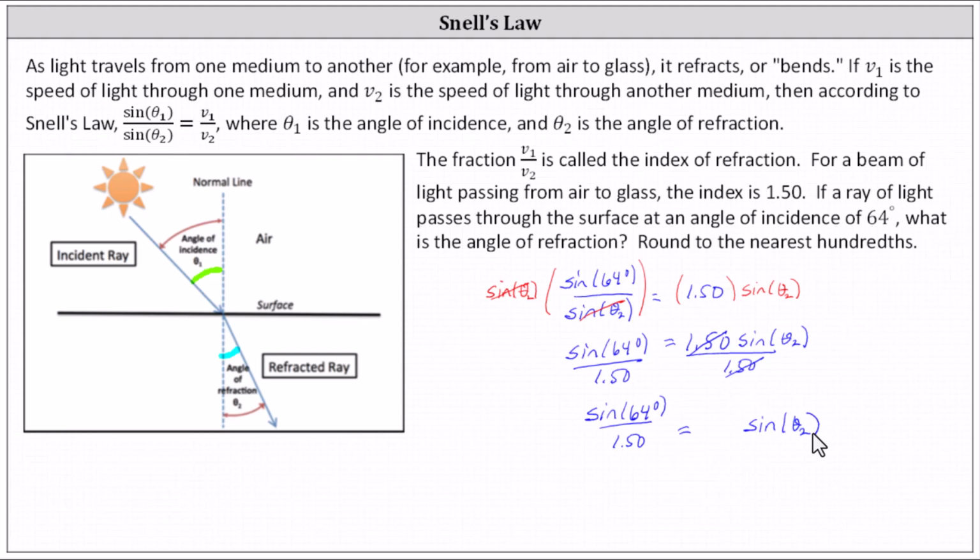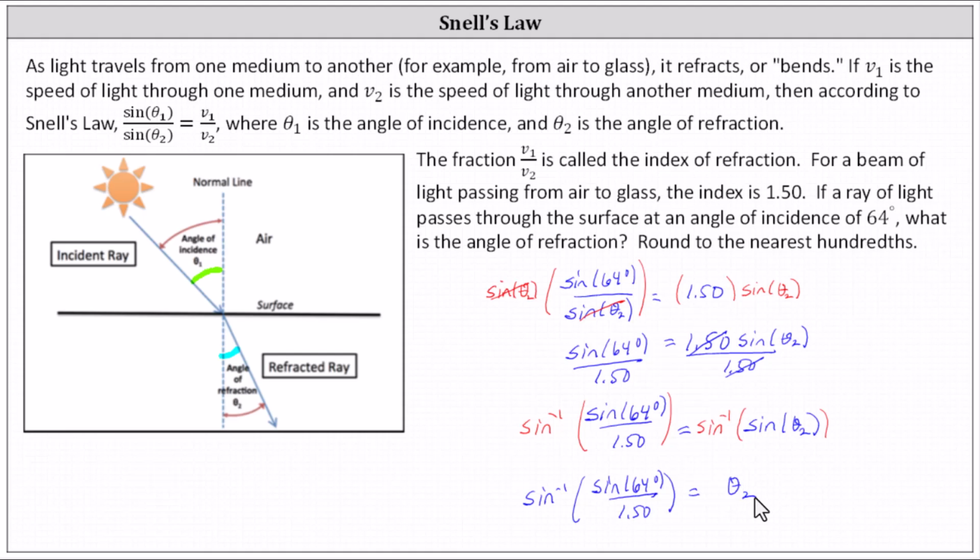And for the last step to solve for theta sub 2, we take the inverse sine or arc sine of both sides of the equation. Simplifying, we now have inverse sine of sine 64 degrees divided by 1.50 equals, on the right side, inverse sine of sine theta sub 2 equals theta sub 2.